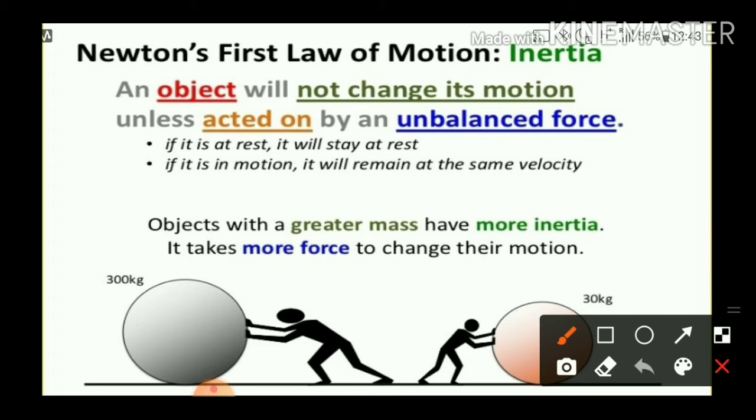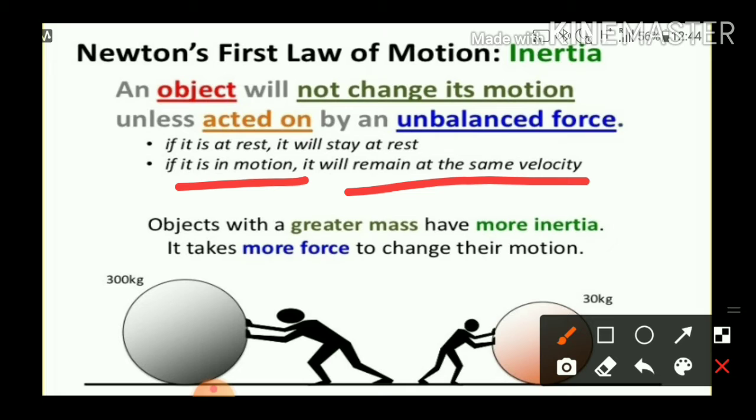Or you can say we cannot change its motion unless something acts on it, an unbalanced force. If it is at rest, it will stay at rest. If it is in motion, it will remain at the same velocity.